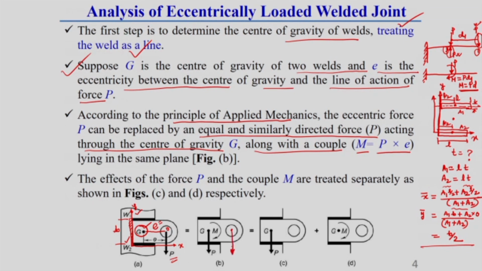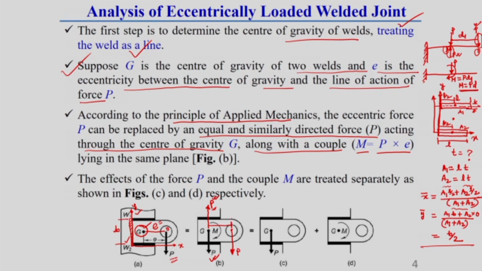A similar force we applied here at G, as you can see in figure B. As at G there is no external force, we apply another force P in the opposite direction. Now, this initial force P and this opposite force P will create a couple.